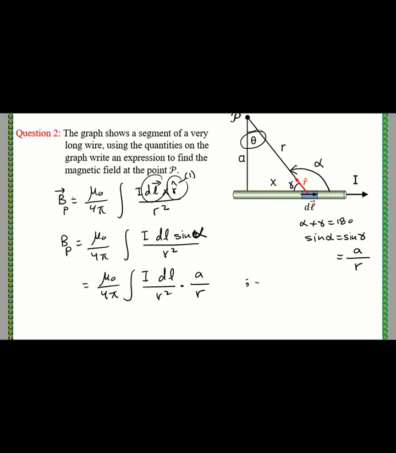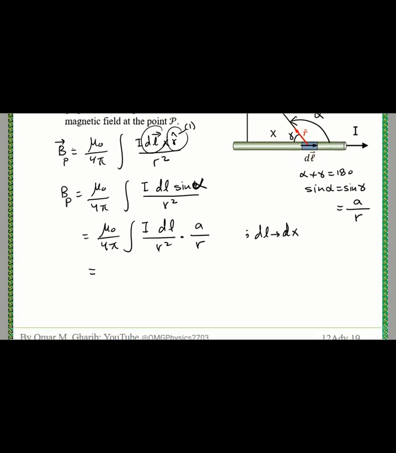And if you change dl into dx, our last formula is, and I will assume that I is constant, so I can take it out: mu naught I A, it is a fixed distance, over 4 pi integration dl over r squared, which is dx over r cubed. Now what about r?